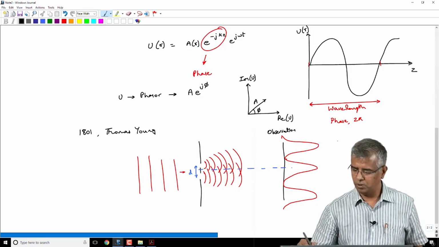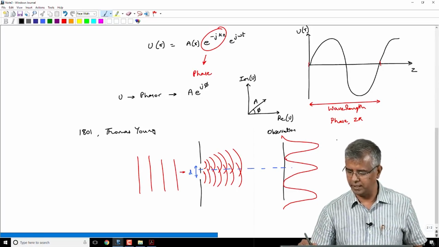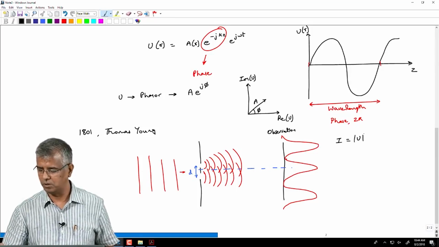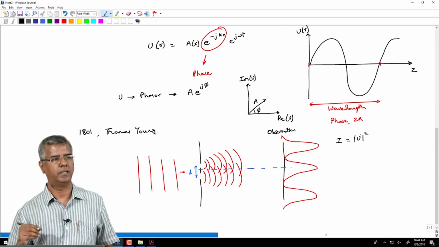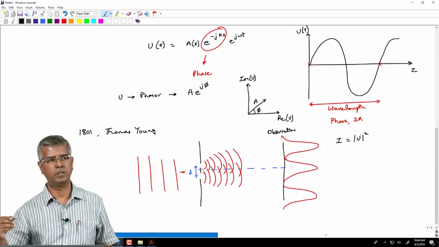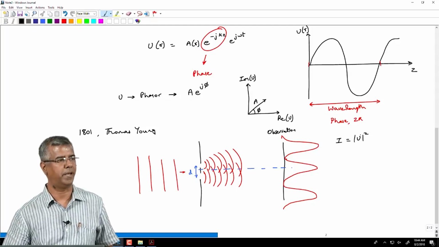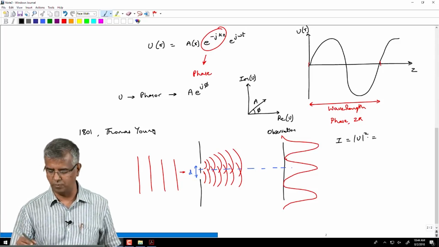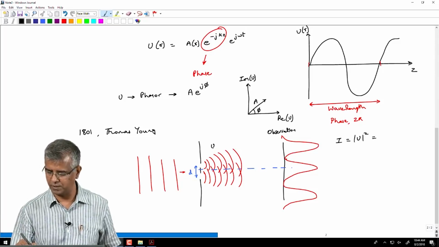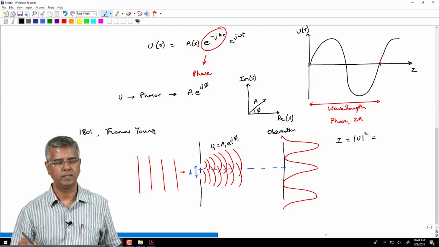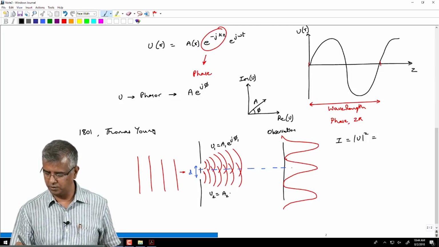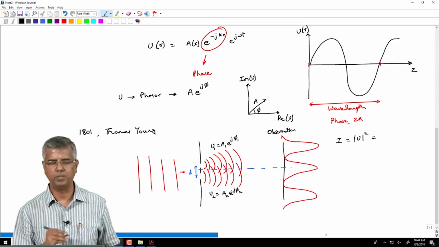If you look at the total intensity over here, let us say the field is represented by U. The magnitude of the field, squared, corresponds to I, but this is now represented by two different waves. One wave is U1, equal to A1 e power j phi 1, and another wave is U2, equal to A2 e power j phi 2.